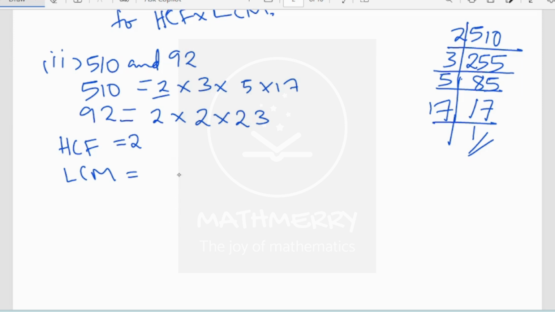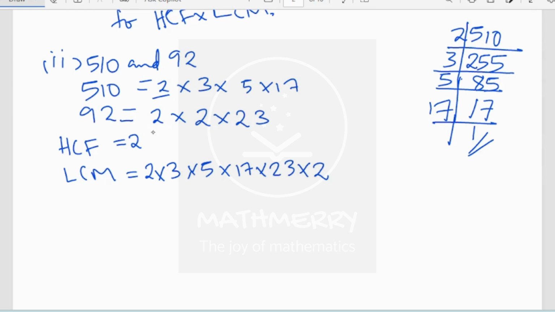Now coming to the LCM, what we have to do, we have to take the common factors one time only. All other factors we have to take. So that means LCM is equal to 2 into 3 into 5 into 17 into 23 into again one more 2. So here we have two 2's. Okay, only one 2 is common in both.